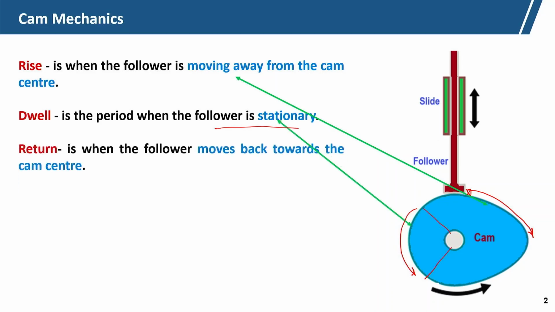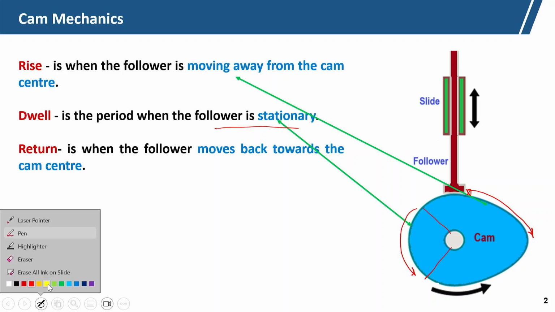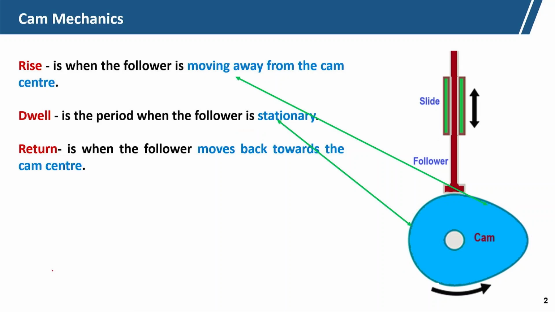And return is opposite to the rise, when the follower moves back towards the cam center. So, if it is moving in the anti-clockwise direction, then this is the rise, and from this maximum point it is coming towards the cam center. That is why it is called a return.